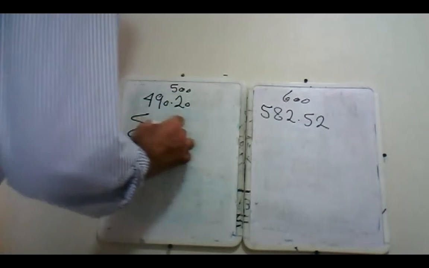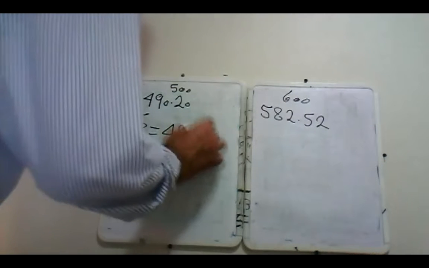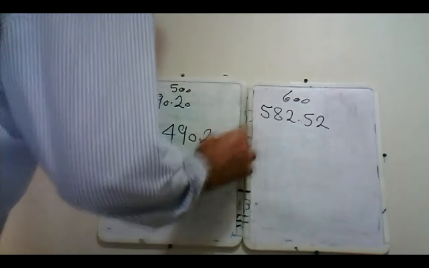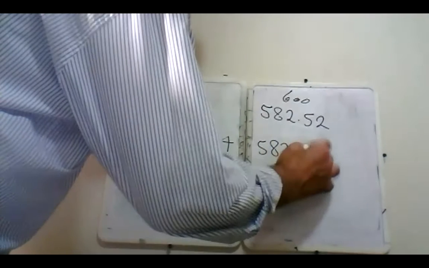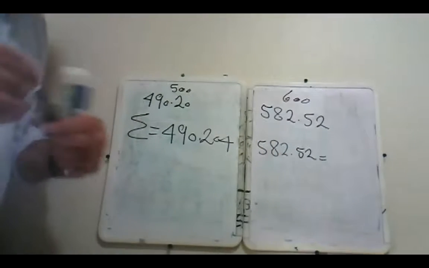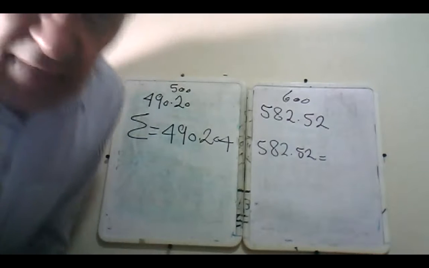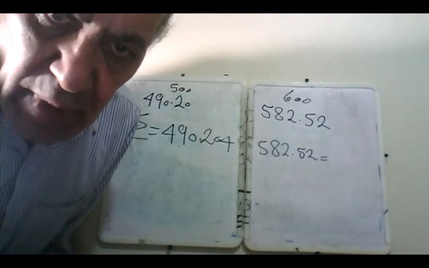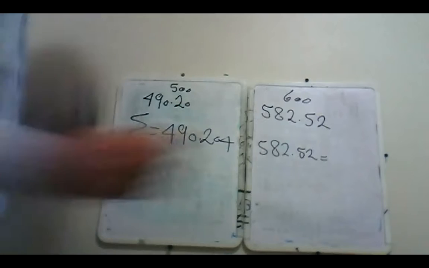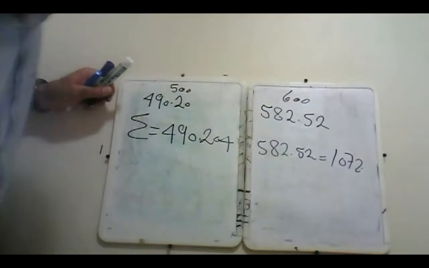So this will come to 490.20 plus 582.52, and this will come to the total of, like you have in the example on this slide, 1072.72 dollars.